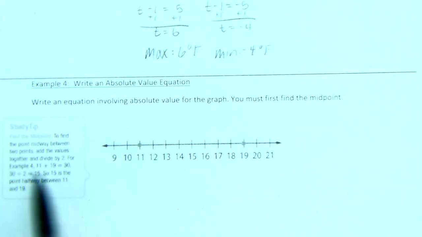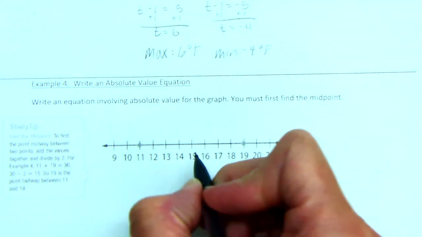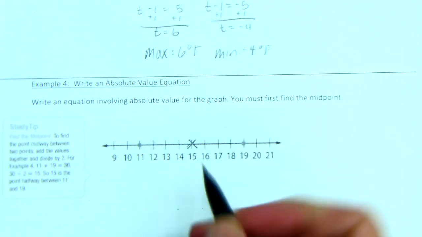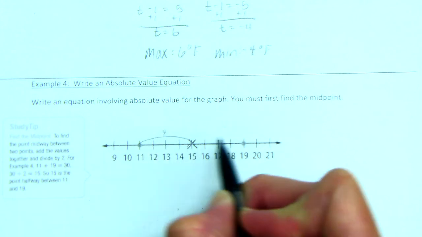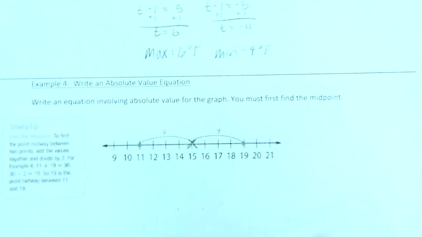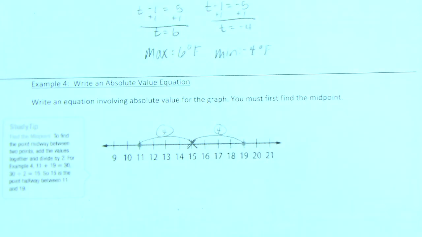And so over here in this tip, they actually say, 11 plus 19 is 30, so divide that by 2, you get 15. That's just telling you that 15 is your midpoint. Take a look at this. The distance from 11 to 15 is 4, and the distance between 15 and 19 is 4. That is what your absolute value can equal, because it's either 4 less or 4 more.